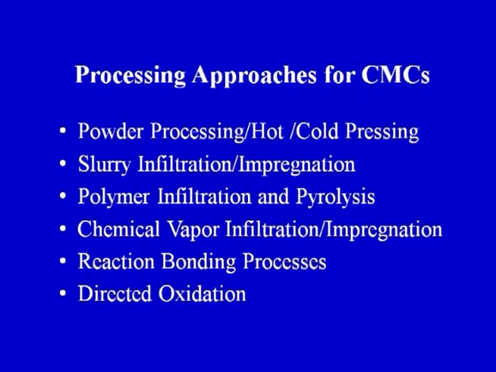Chemical vapor infiltration, which I have already mentioned in today's lecture, is a subset of the chemical vapor deposition process, and is specifically used in case of ceramic matrix composites. Then there can be reaction bonding processes, and finally directed oxidation.